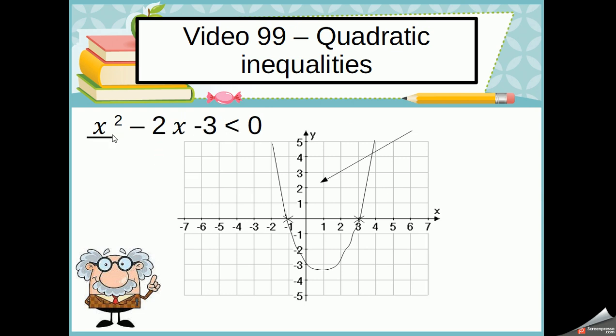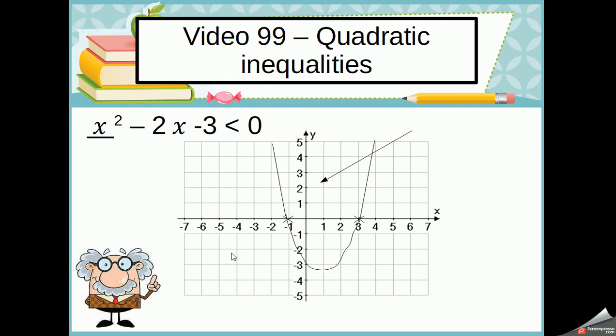Alternatively, say we had it the other way around, where we've got x squared minus 2x minus 3 is less than 0 instead. Now it's any of the points within the line here. So for instance, if I went to where x is 0, y is minus 3, y is less than 0, it's minus 3. So any of these points within here are where the equation is less than 0.